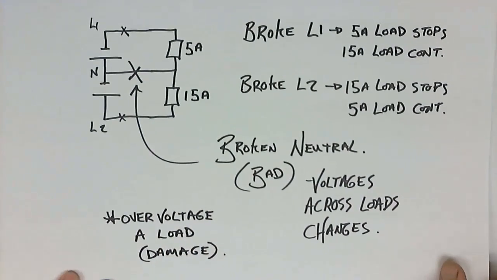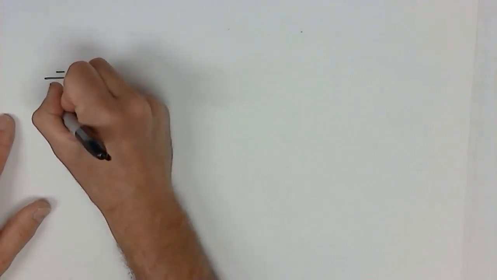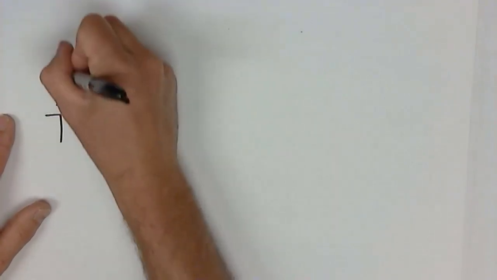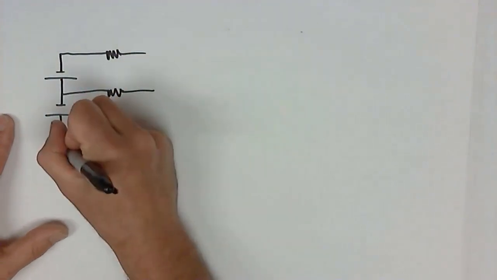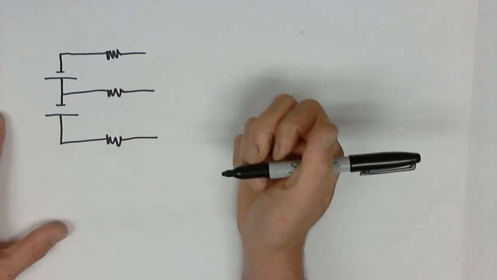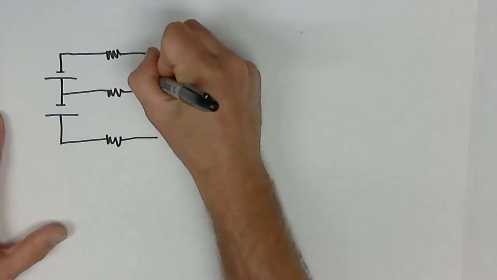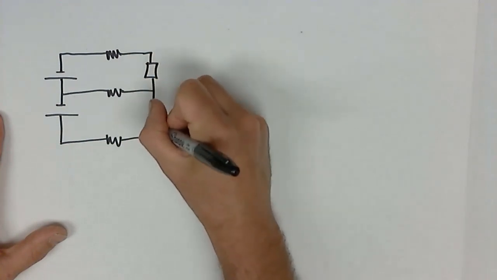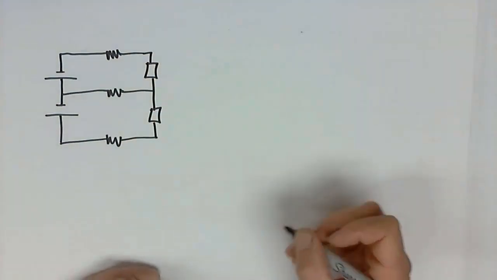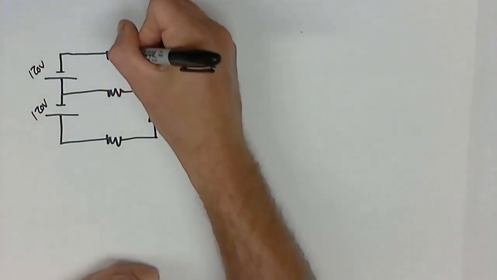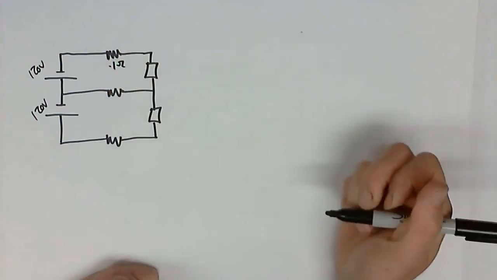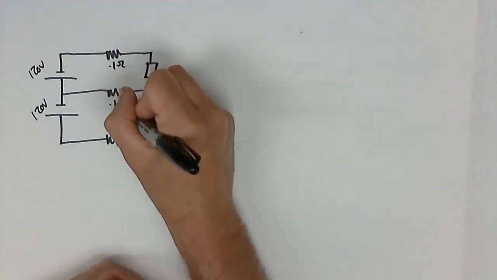So how do we deal with a broken neutral? Well, a broken neutral requires us to have a general understanding of the properties within the circuit. And remember, in a circuit, the one variable or component that we're measuring that won't change is the resistance. So here is a 3-wire circuit. We have 120 volts, of course, as our source voltages. We have 0.1 ohm resistance for each one of our conductors.